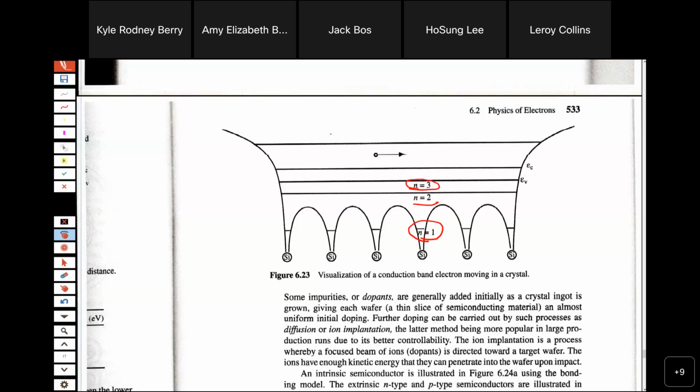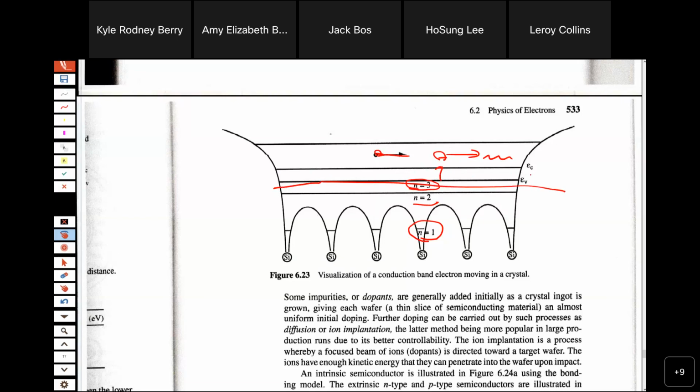I told you quantum number 3 is the valence electron. So it becomes free, and then it is in the conduction band. This is free now. Free. Okay, this is a structure.